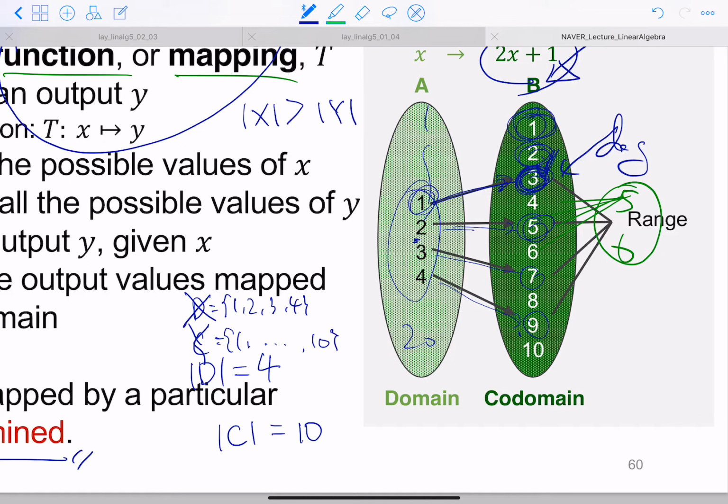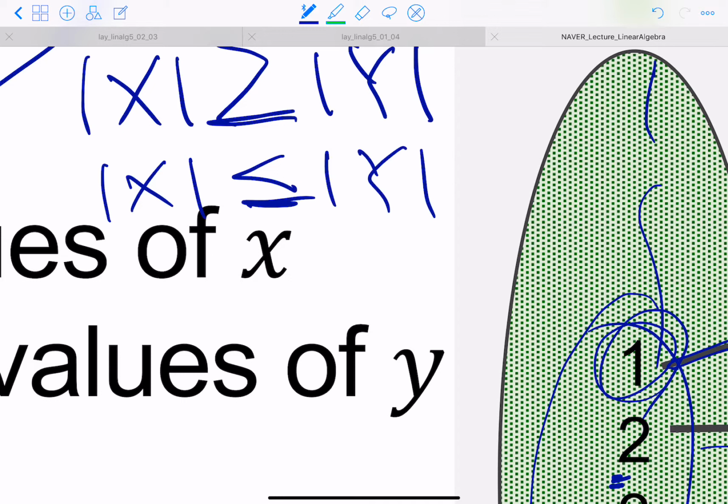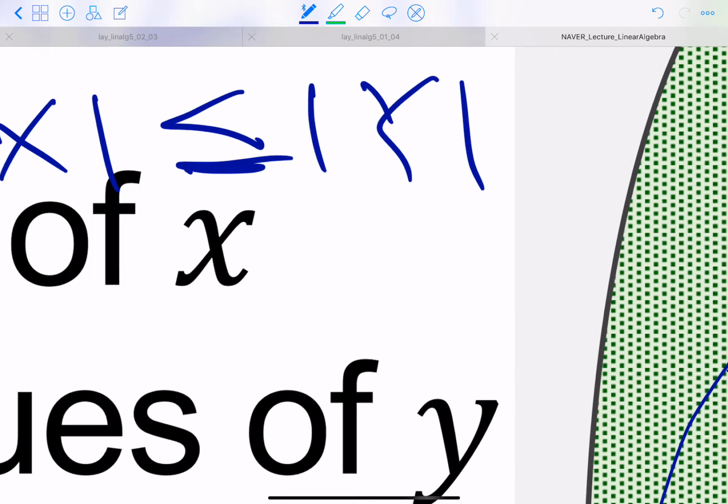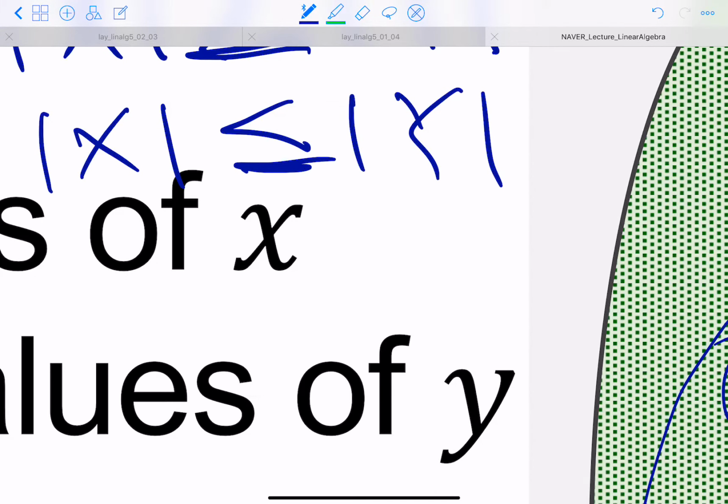And then what is the condition for one-to-one? In the case of one-to-one, it can have the same elements. So is this a necessary or a sufficient condition to satisfy one-to-one? If it were a sufficient condition, it would always guarantee that the transformation is one-to-one.